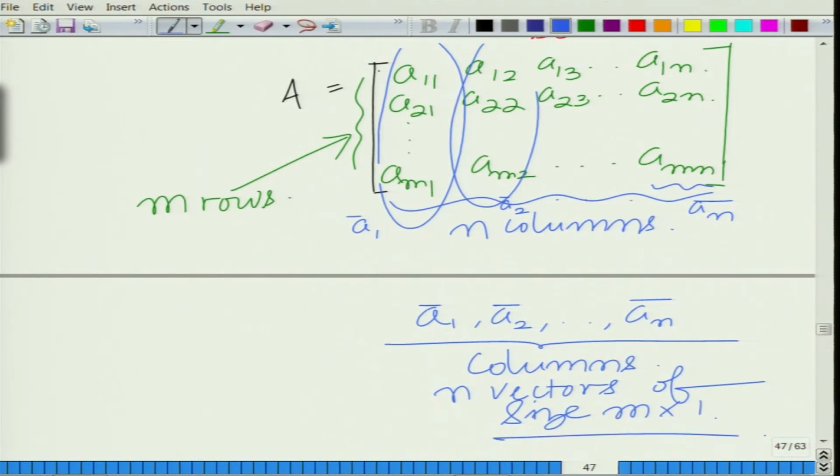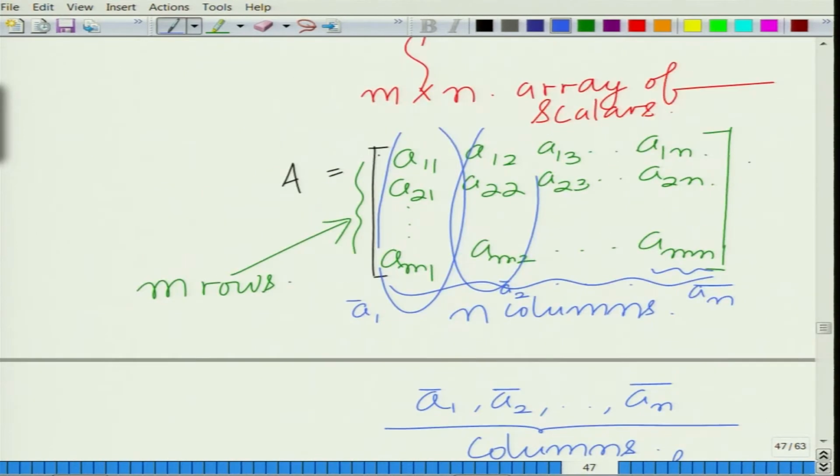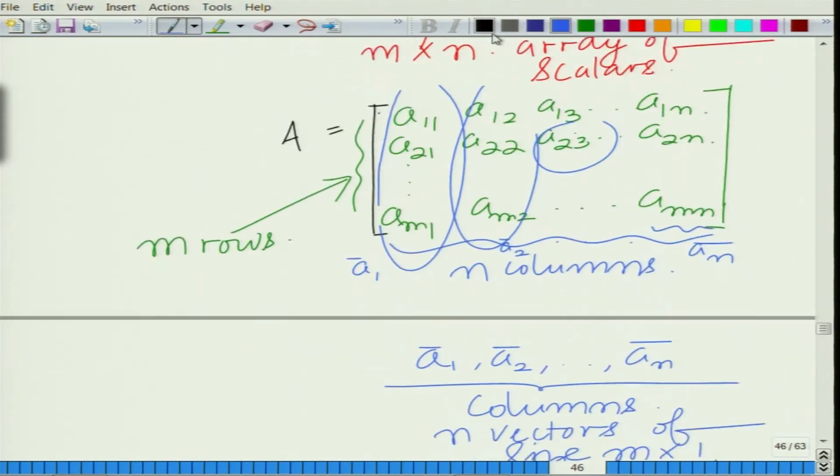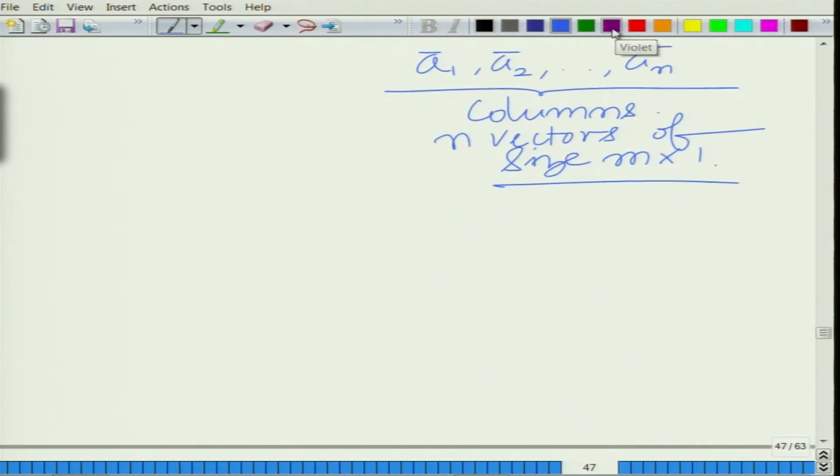of size m cross 1. Okay. So M is the number of rows, N is the number of columns, and Aij, if you look at this entry A23, for instance, A23 is the entry in second row and third column, right.